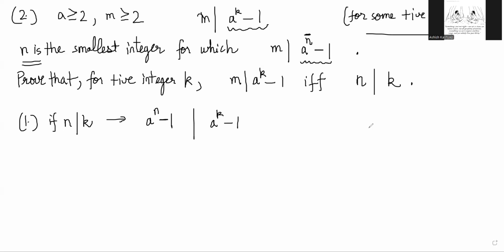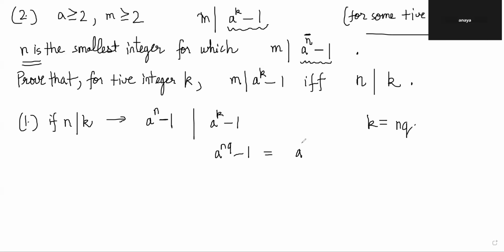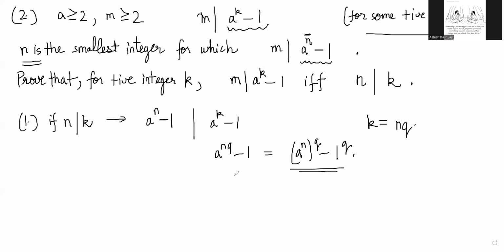Because if n divides k, then k is equal to some nq, right? Do you understand what I'm saying? So this will be a power nq minus 1, and same thing as before, a power n to the power q minus 1 power q, right? So obviously a power n minus 1 will divide this thing, correct?